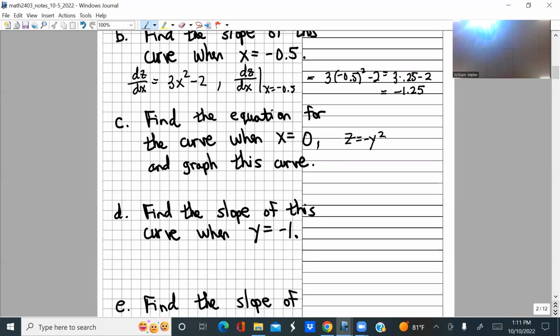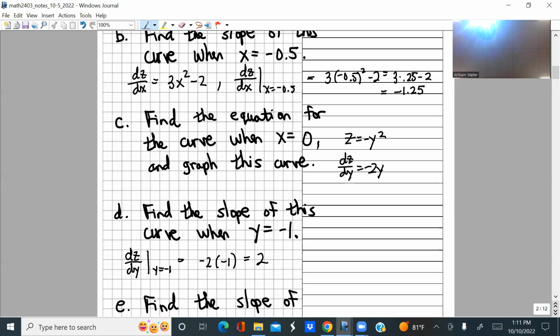Now we want to find the slope of this curve when y is minus 1. So you just take the derivative of that formula and evaluate it when y is equal to minus 1. That derivative, dz/dy, is minus 2y. So you'll have minus 2 times minus 1, which is 2.